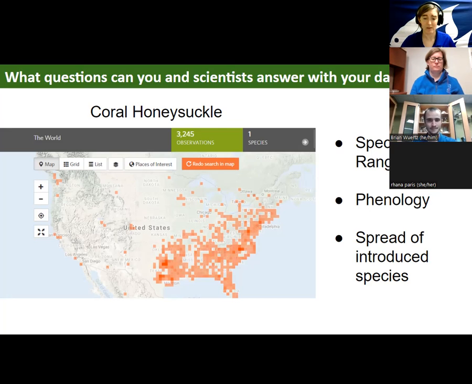It's also really great for tracking where species are losing habitat due to maybe land use changes and development, and also especially monitoring how species ranges are responding to changing climates.